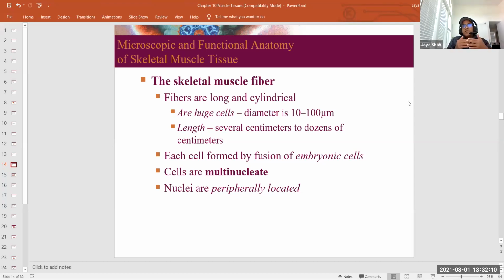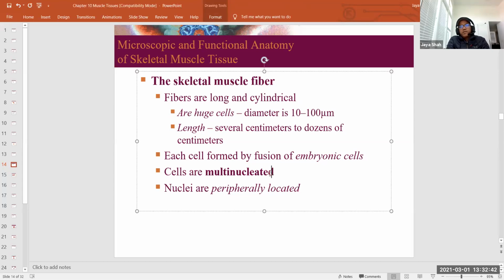When muscles are developing, they develop from the mesoderm of the fetal tissue, from mesenchymal cells. If you remember, more than one mesenchymal cell fuses together and becomes one cell in intrauterine life. And that's why muscle cells are multinucleated.